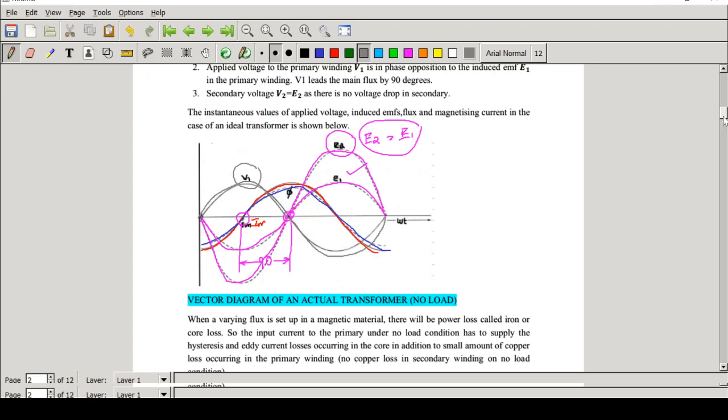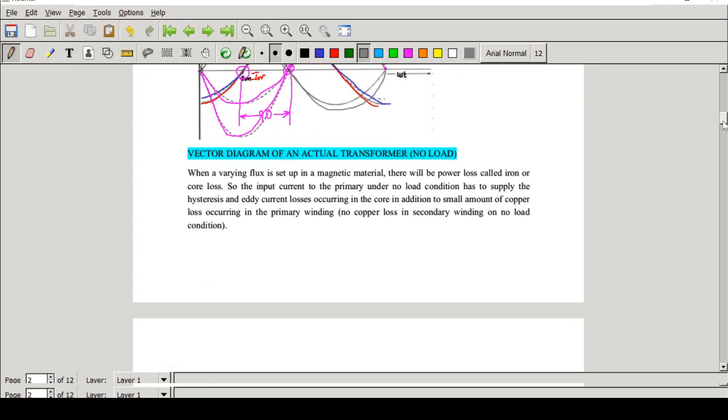Now let's see the vector diagram of an actual transformer. In the case of an ideal transformer, there are several assumptions which we have made. That is, there is no resistance, no voltage drop, no leakage flux, no core loss, etc. But definitely when you are giving an input supply to a transformer, there will be something called core loss.